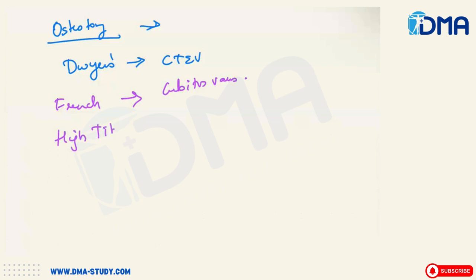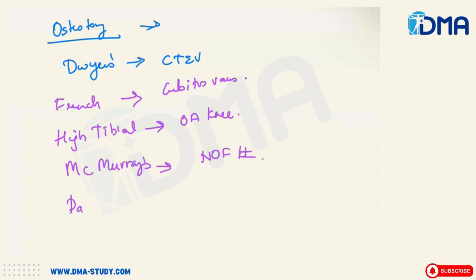High tibial osteotomy is used for OA. McMurray's osteotomy is used for neck of femur fracture. Howell's osteotomy is used for OA hip. Sandwich osteotomy is used just for slipped epiphysis.